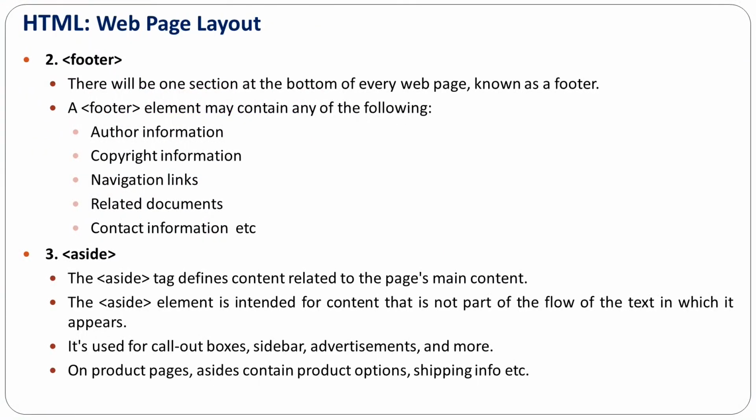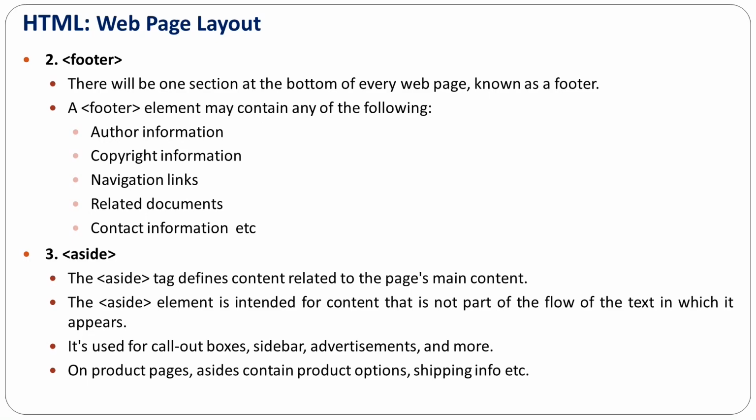Next is the aside element. The aside tag defines content related to the page's main content. So this tag helps us define or place content that is related to the main content of the web page. The aside element is intended for content that is not part of the flow of the text in which it appears.